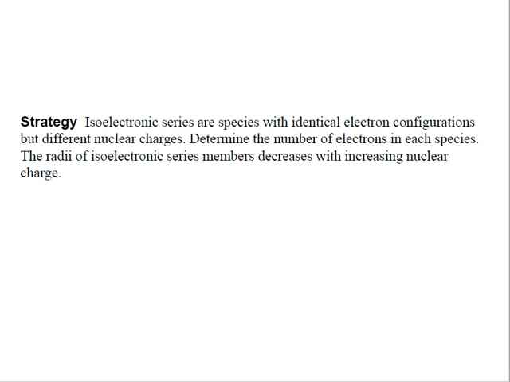Strategy. Isoelectronic series are going to be the ones that have identical electron configurations but different nuclear charges. Determine the number of electrons in each species. The radii of isoelectronic series members decrease with increasing nuclear charge. So maybe write that out a couple times to convince yourself of those strategies.